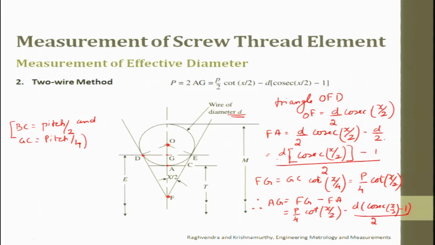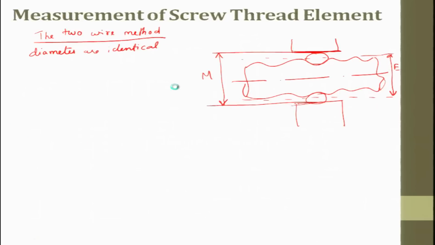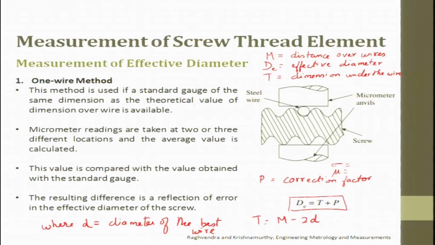This is for the 2-wire method. We are trying to find out this P, which is the correction factor. So, where is this correction factor used? The effective diameter is equal to T, the theoretical dimension of the wire, plus the correction factor P.